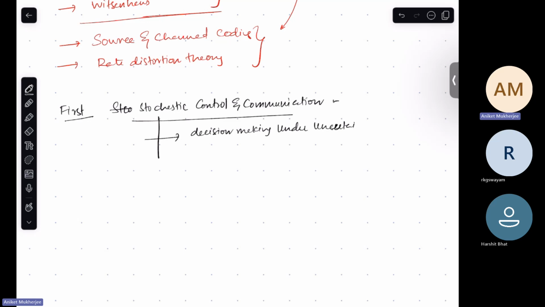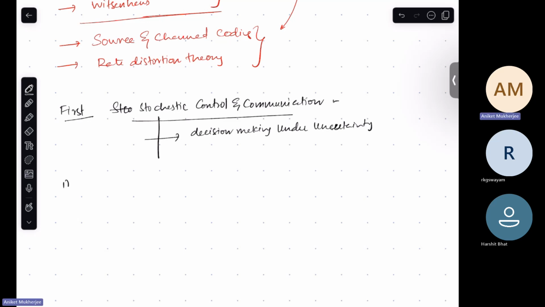You have a model, a system, and there is some uncertainty in the system. You don't know some information about the system, or something is random in the system. Under those conditions, how can you make the best decision possible so that you get your required outcome? That is the whole course that we are going to deal with.